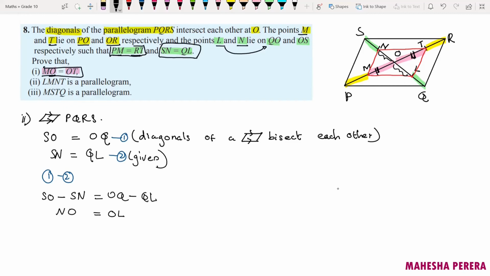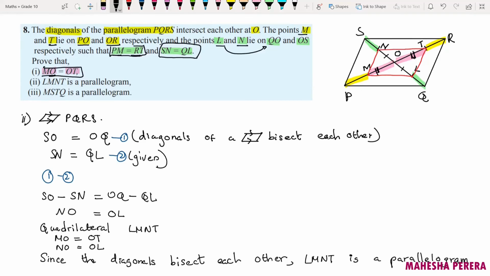So we are inside that quadrilateral and this is one of the diagonals. These two lengths are equal. So what can we say? In the quadrilateral LMNT, MO equals OT, NO equals OL, right? So we can say that since the diagonals bisect each other, LMNT is a parallelogram, right? So this is a parallelogram.